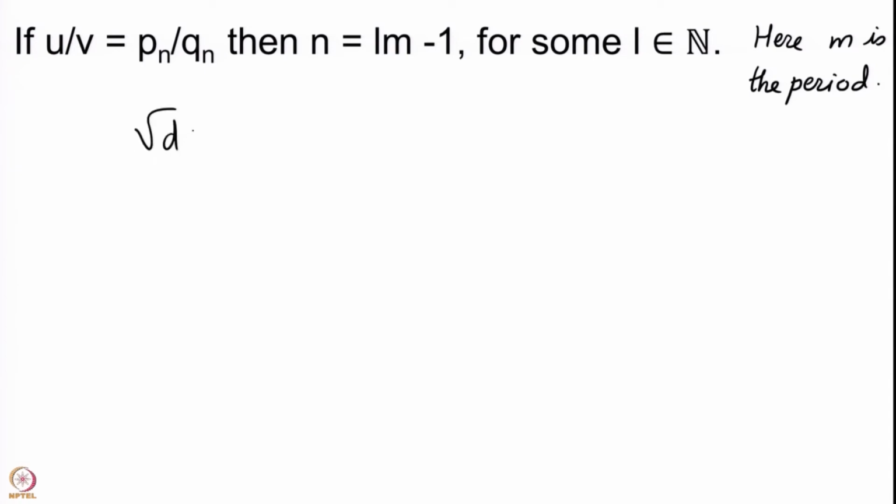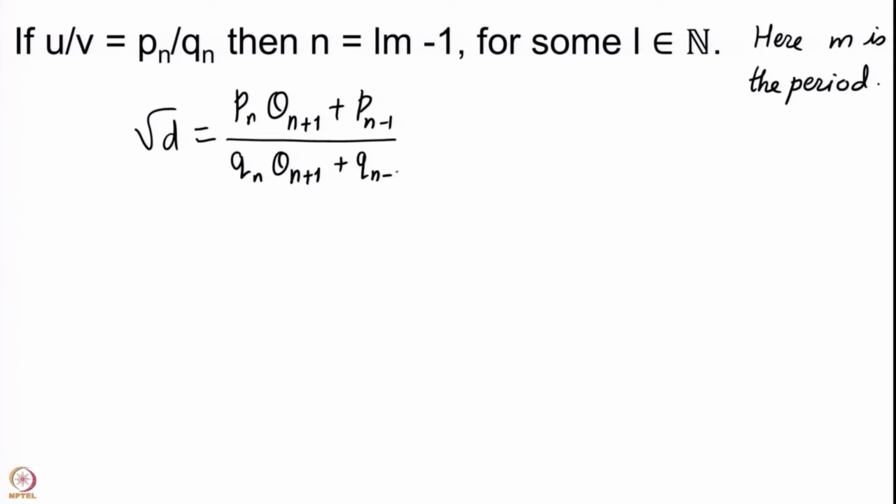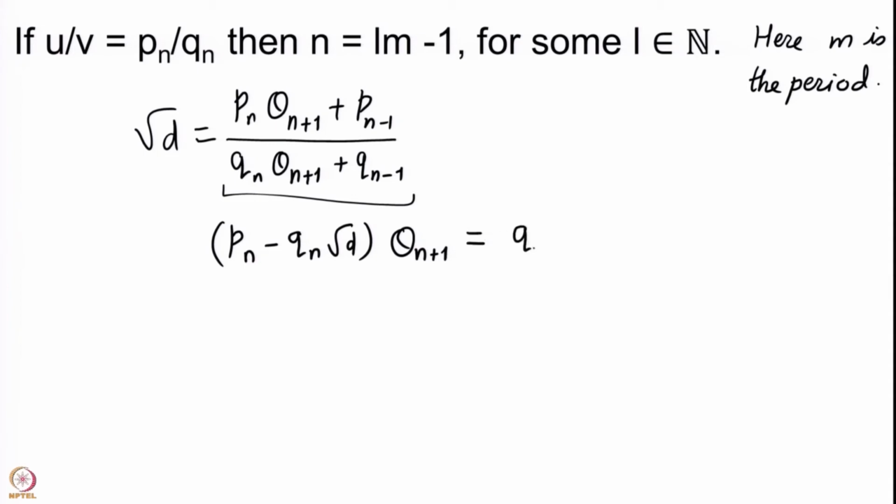We will prove this also, because recall once again that we have root d to be Pn theta n plus 1 plus Pn minus 1 upon Qn theta n plus 1 plus Qn minus 1, and if we expand it out by taking this denominator, multiplying it to this side and then writing it out explicitly, we get Pn minus Qn root d into theta n plus 1 to be Qn plus 1 root d minus Pn minus 1.